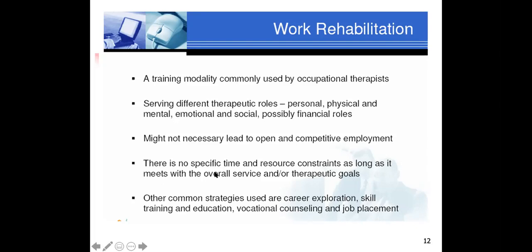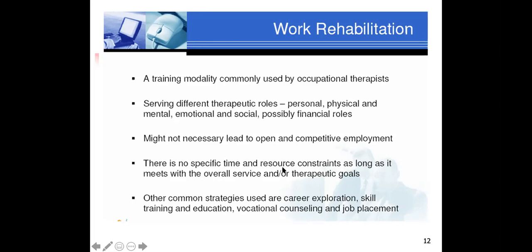And then there is no specific time and resource constraint as long as it meets the overall service and or therapeutic goals. So in work rehab at the OT department in the hospital, there is no specific time or resource constraint.